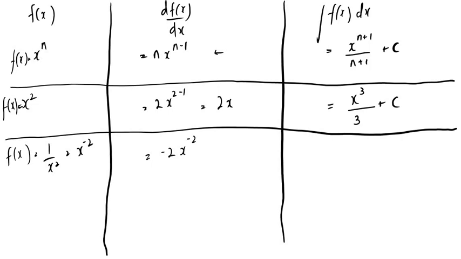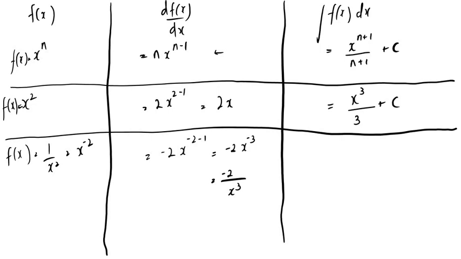So minus 2 minus 1 is equal to minus 3. It is equivalent to minus 2 x to the power minus 3, or minus 2 over x cubed.